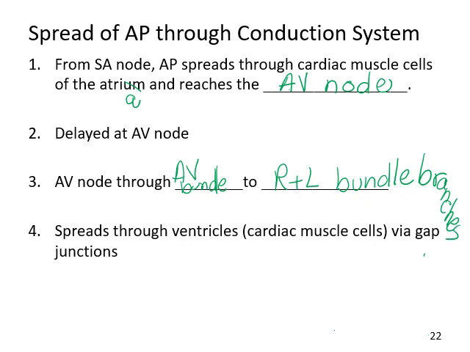And the Purkinje fibers. And from there, it's going to spread through the muscle cells of the ventricles. Okay, and then eventually the ventricles will contract, because that's what muscle cells do when they have an action potential.